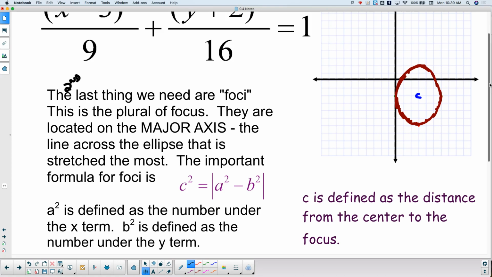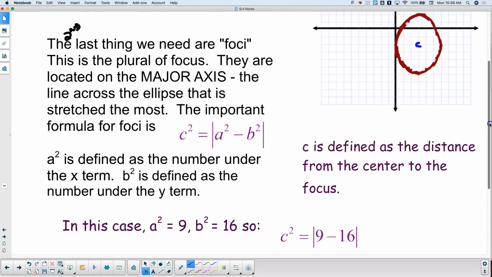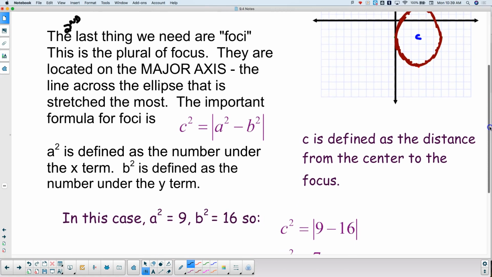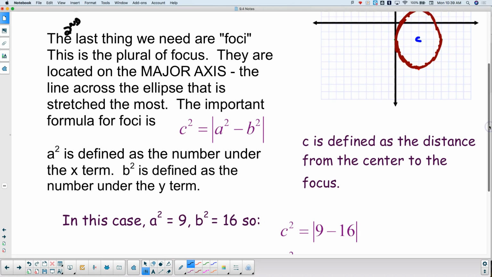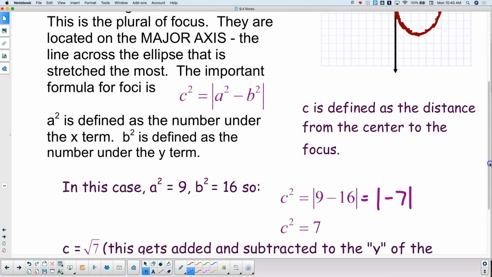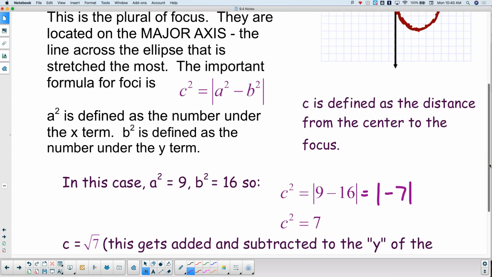So in this case, c squared is equal to 9 minus 16. So c squared is equal to the absolute value of negative 7. So c squared then is 7.